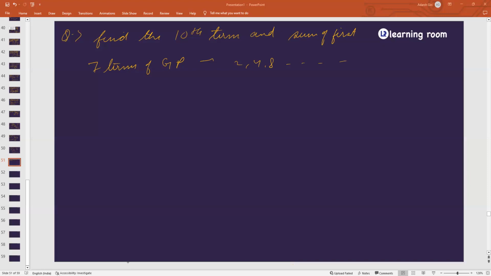And the sum of 7 terms? 254, sir. That I need to calculate, because I have given this question myself. The nth term is a r to the power n minus 1, right? So a is 2, r is 2. So 2 into 2 to the power 9 will be 2 to the power 10 only. So 1024 is correct.